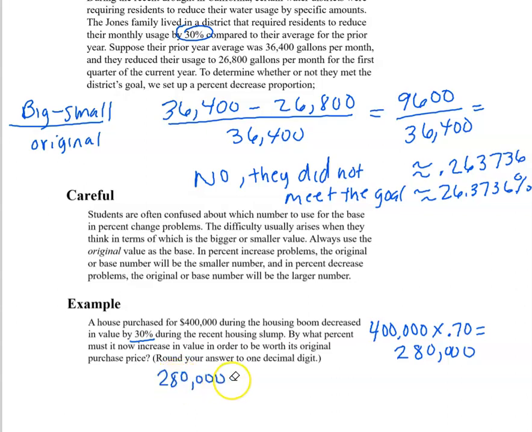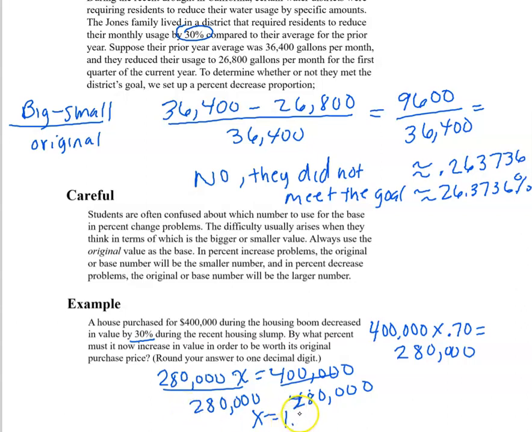So 280,000 times what number is going to get you 400,000. So if we divide that, 280,000 on both sides, we're going to get $1.428.